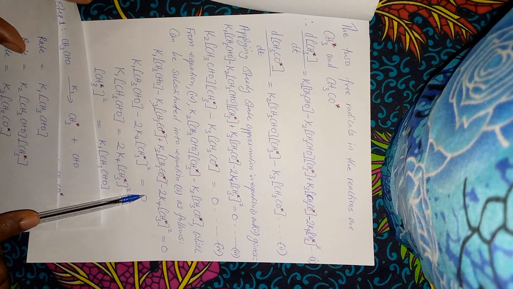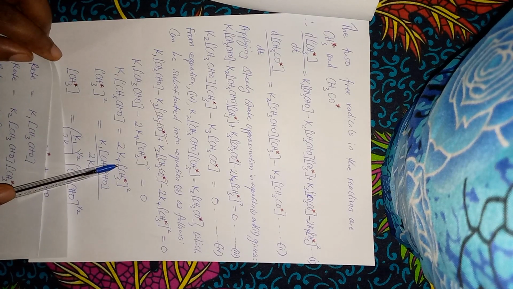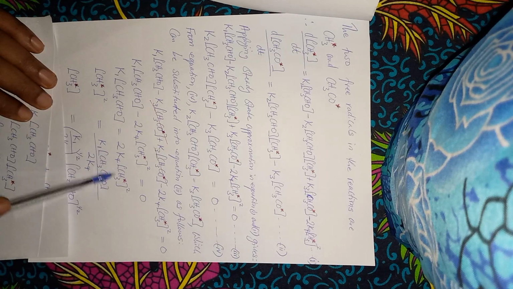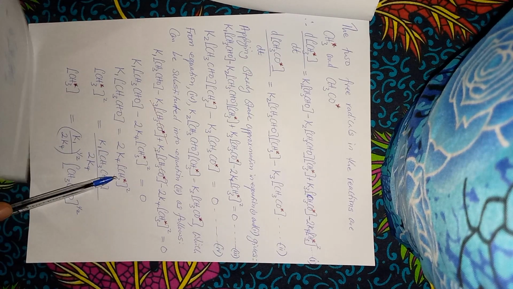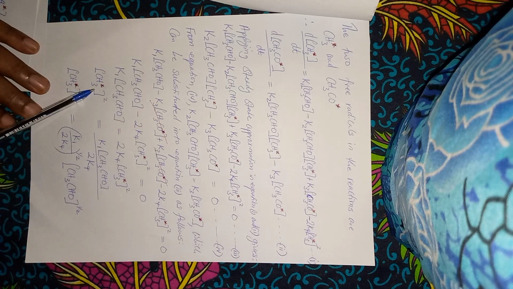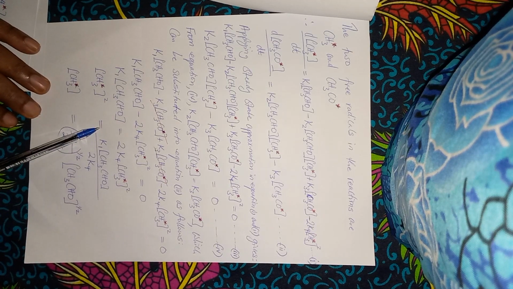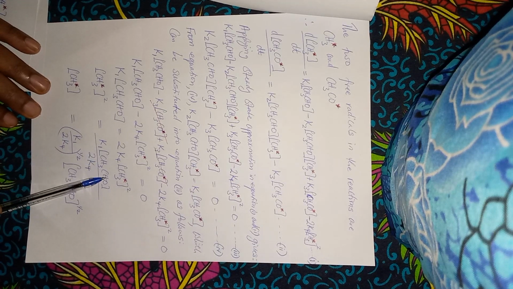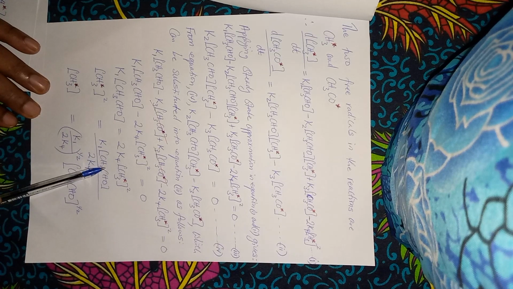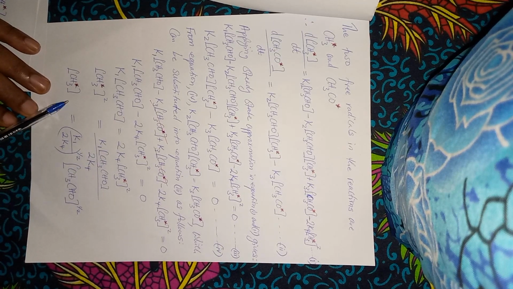Then we solve the problem and make free radical CH3 the subject. On doing that, we have free radical CH3 raised to the power of 2 equal to K1, then in bracket CH3CHO, all over 2K4. Then we find the square root of both sides.